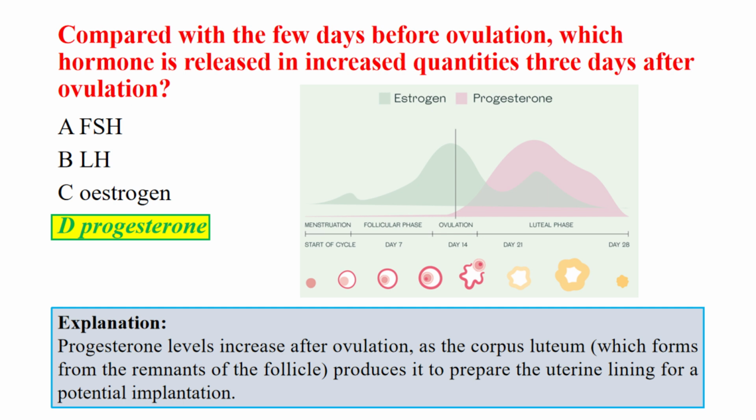If pregnancy doesn't occur, the corpus luteum breaks down, progesterone levels drop, and menstruation begins. But during the luteal phase, which is the period following ovulation, progesterone is at its peak. So, to summarize, 3 days after ovulation, progesterone levels rise to prepare your body for a potential pregnancy. That's why D. Progesterone is the correct answer.